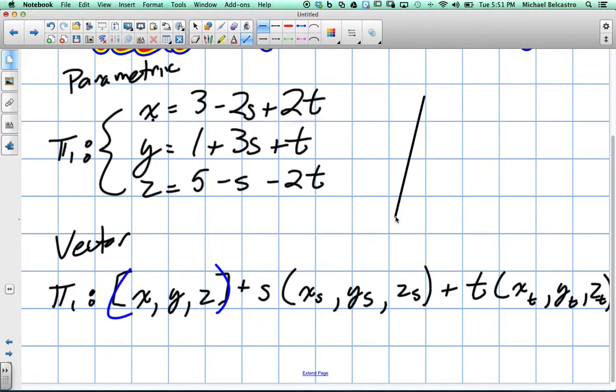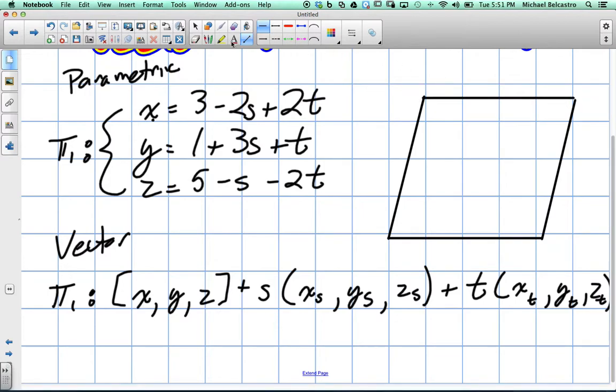sketch of the idea of a plane. So here's our plane, let's say, and this x, y, z is a point. We'll call it point P, represented by x, y, and z, just some point on the plane.